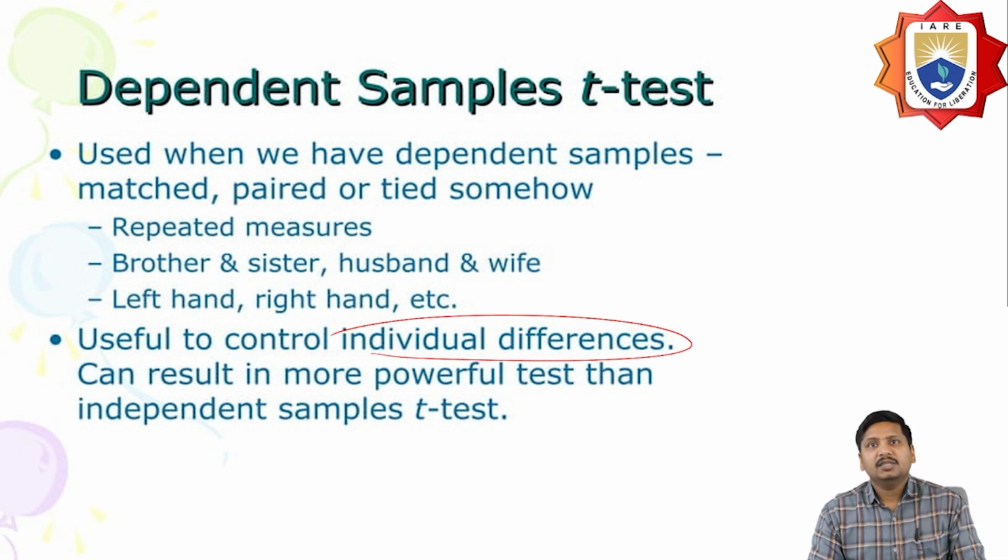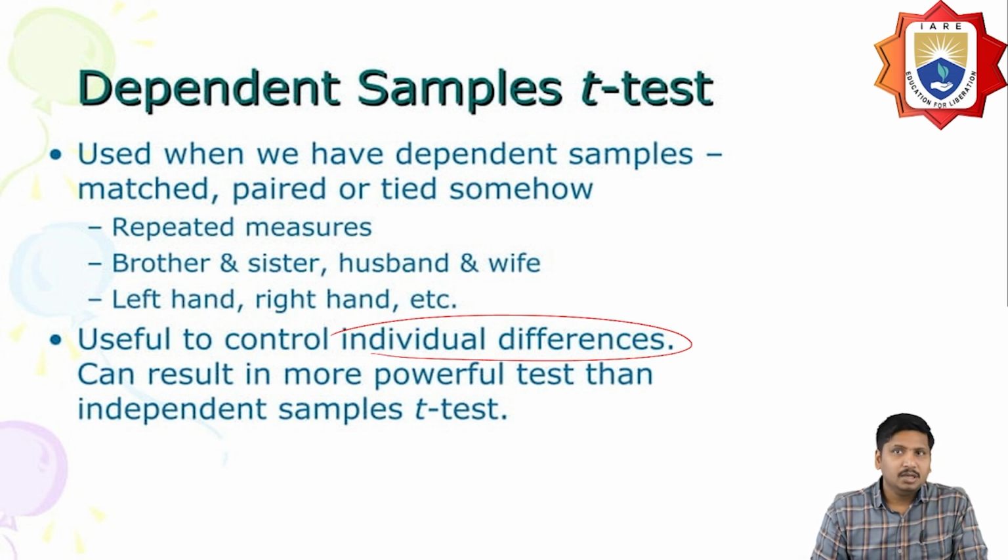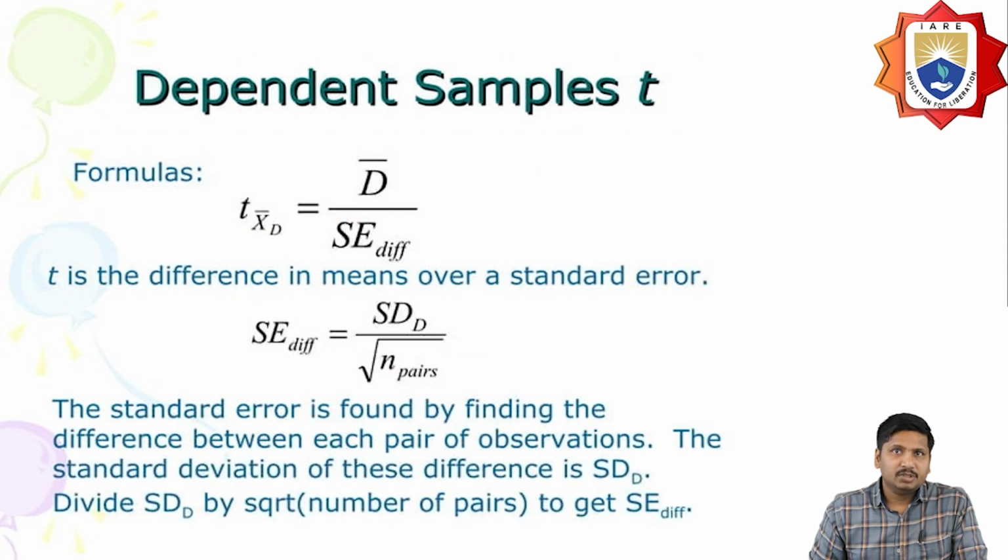So mainly the dependent sample test is used when we have matched dependent samples, to control the individual differences, and it can result in a more powerful test than the independent sample test. It is given by the equation t equals d bar divided by the standard error of the difference, where t is the difference in means over standard error.